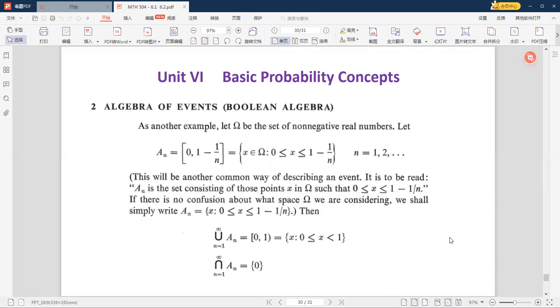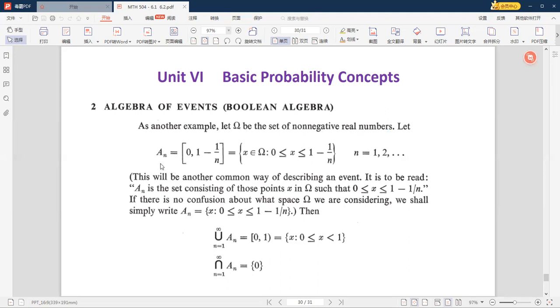Okay, let's just do one more example about numbers. But it's really not numbers, but sets of numbers. So we're still talking about sets. So let omega be the set of non-negative real numbers from 0 to infinity, including 0. So that's the universal set, or the sample space, if you like.